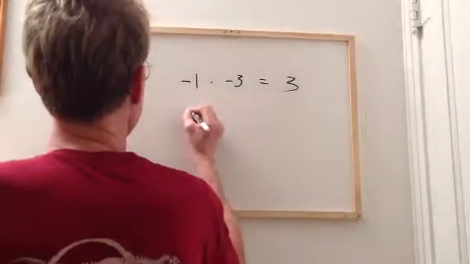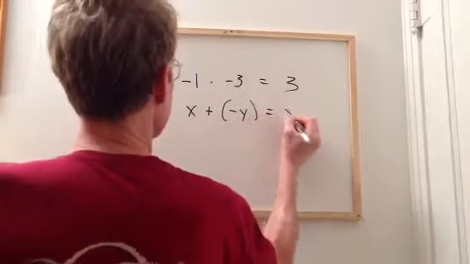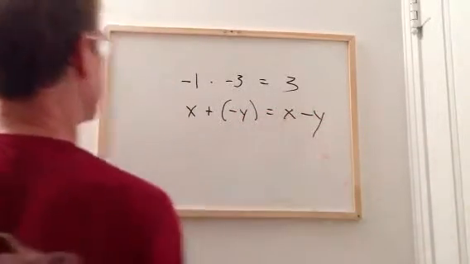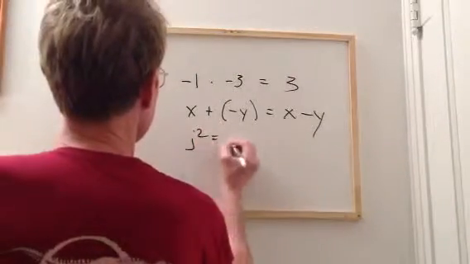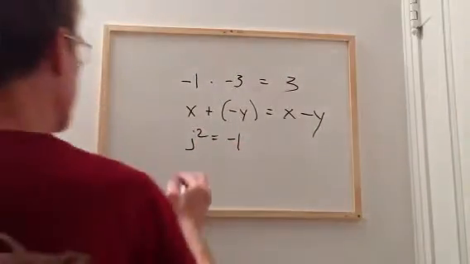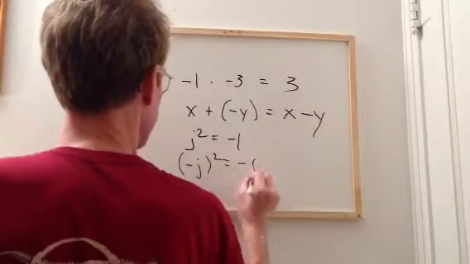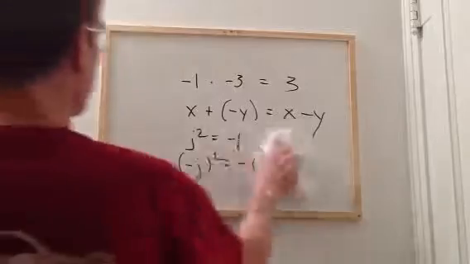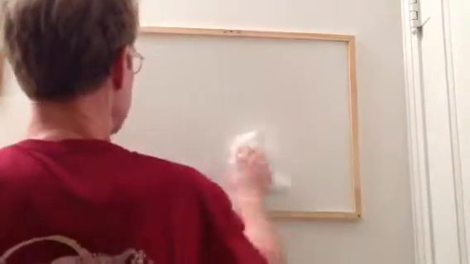Remember that adding a negative is the same thing as subtracting. And you can always remember that J squared equals minus 1. And if you end up with a minus J squared, you're going to get minus 1. You just be very, very careful about your signs and about your processes.